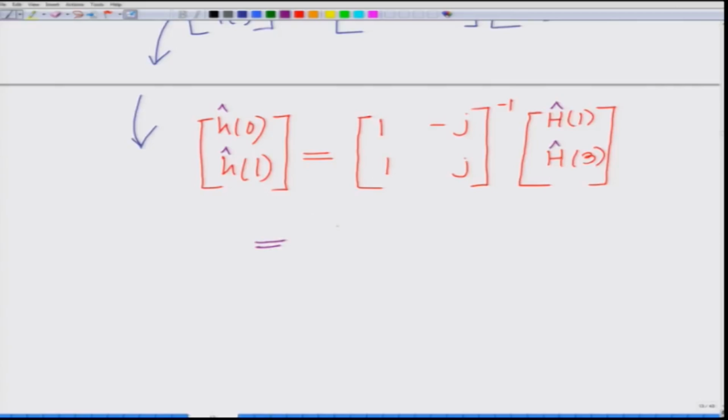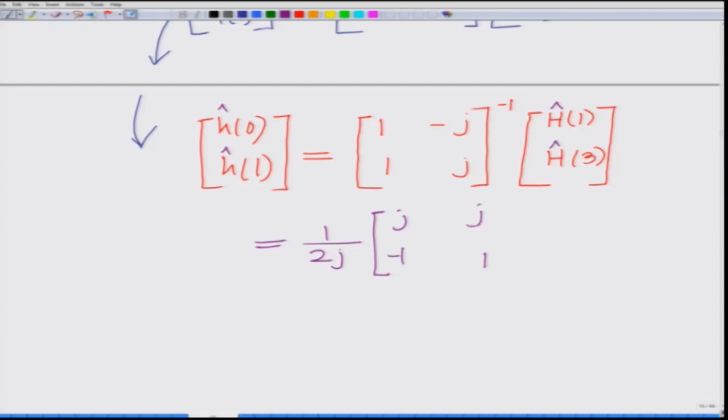Of course, this 2 cross 2 matrix is easy to invert: 1 over the determinant, that is 1 over 2j, times interchange the diagonal entries, and the negative of the off diagonal entries.